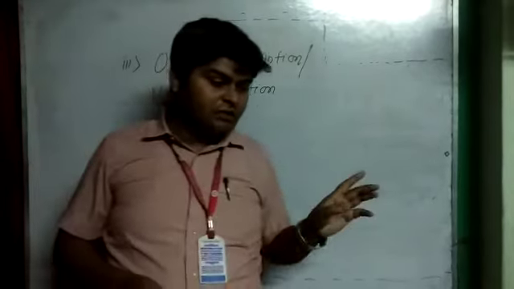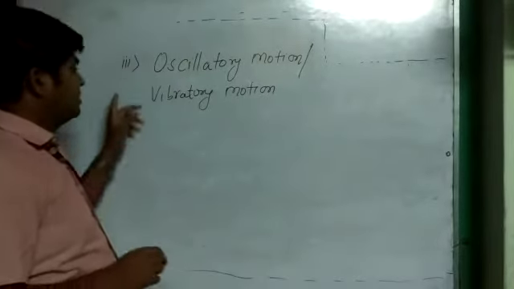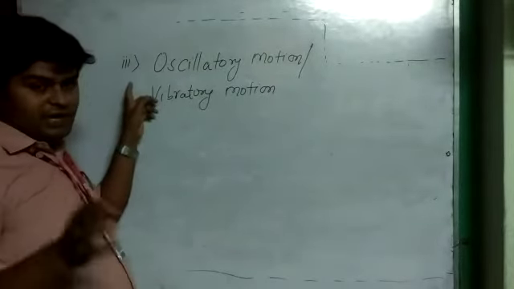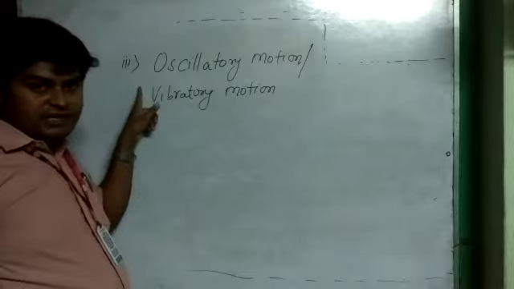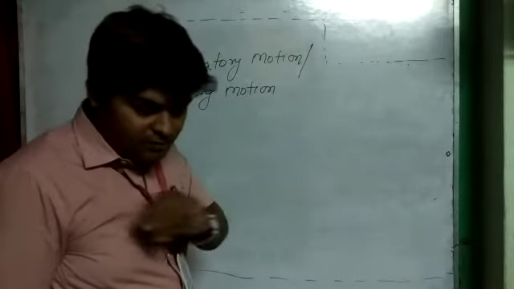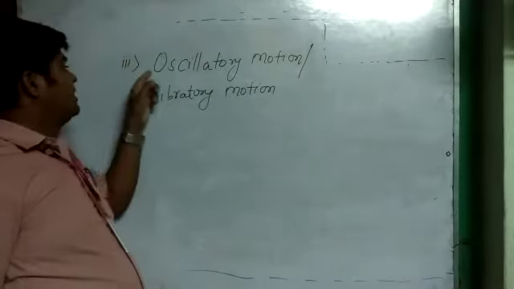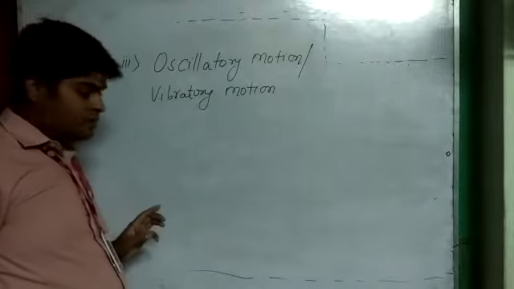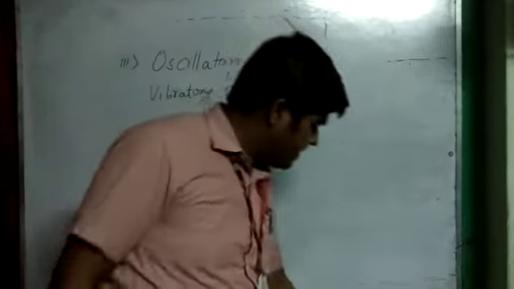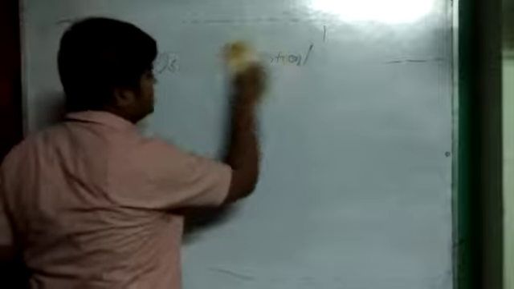I think you are able to understand these two types. Today I have discussed the second one, circular motion, and the third, oscillatory motion. Once again, how many types have you studied? Very good, three types.